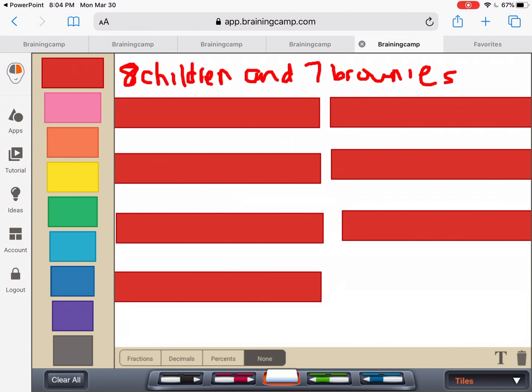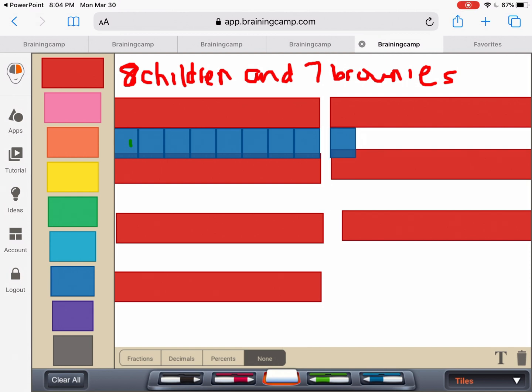And so my question to you is, how are we going to share these out with 8 children? What are we going to have to do? Well, that would be like dividing it into 8 equal pieces, right? So we'll take that and we'd have to divide that into 8 equal pieces. I would do the same thing over here.